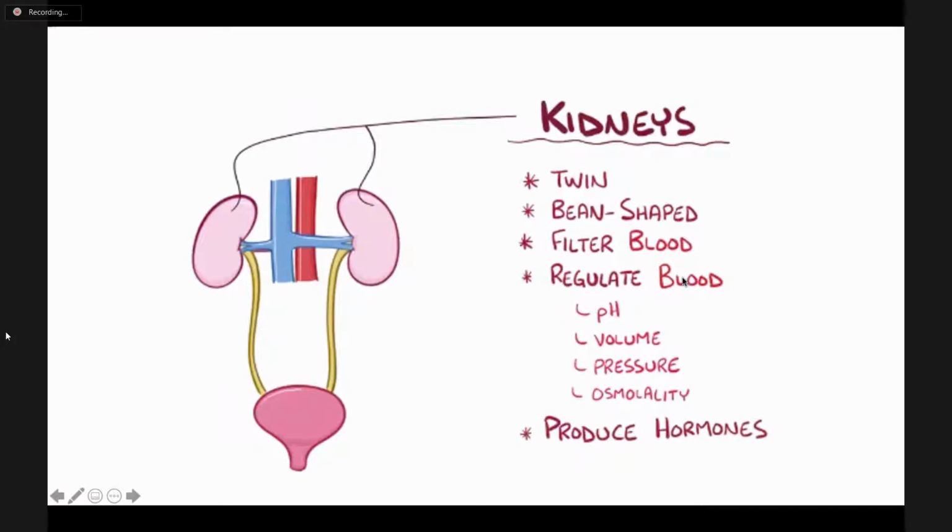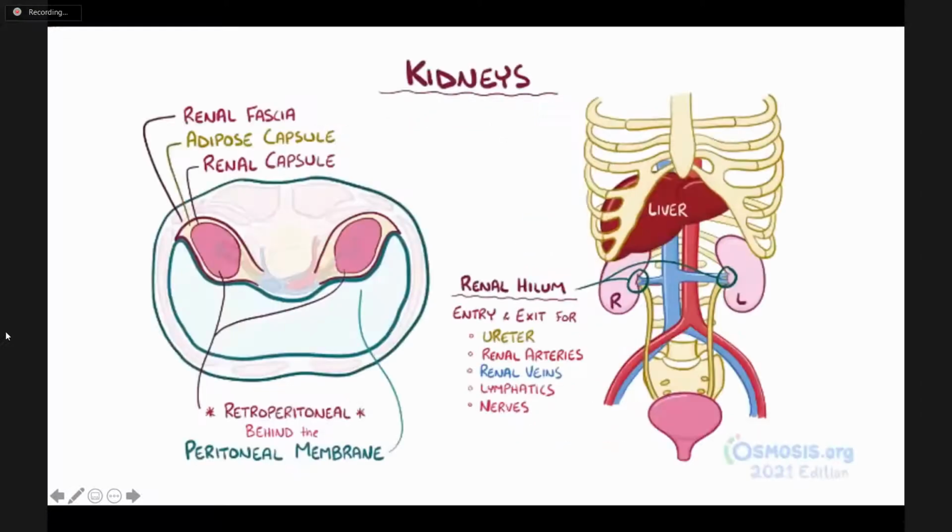So it helps to regulate the blood pH, blood volume, blood pressure, osmolality, and is able to produce hormones. So basically, these are the main functions of the kidney. Okay, this is just anatomy. If you still remember, you have right and left kidney.